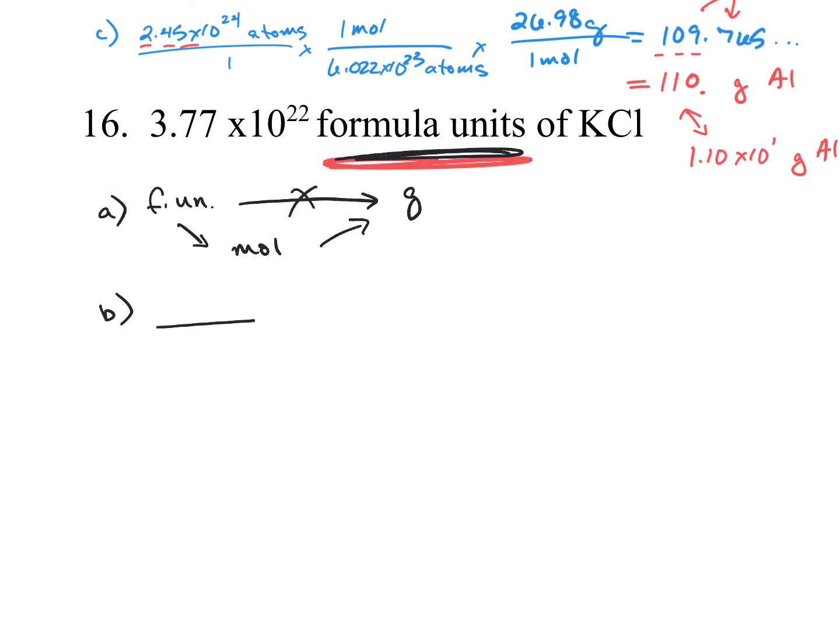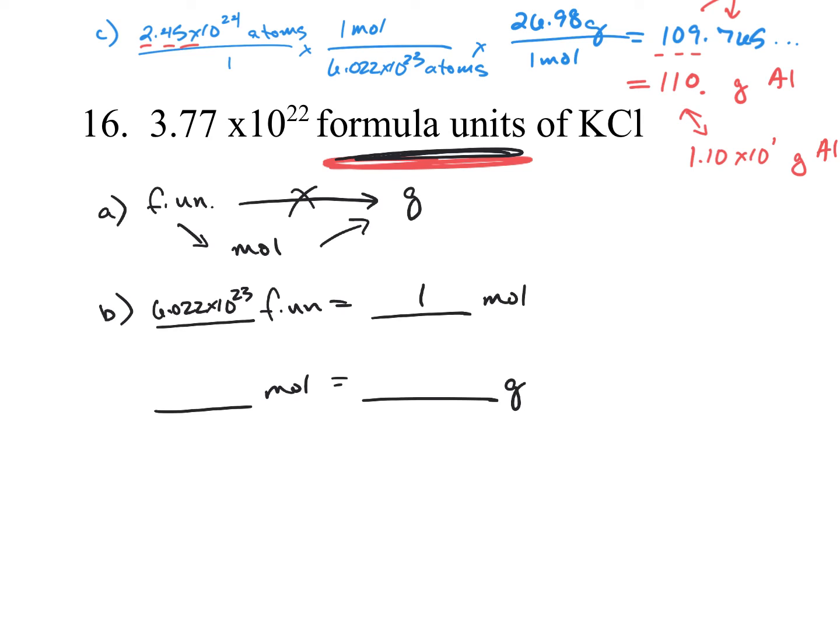So you need an equality. Formula units are equal to how many moles, and then because these are particles, this is Avogadro's number, 6.022 times 10 to the 23rd formula units are equal to 1 mole. And then separately, how many moles are equal to a certain number of grams? So if you have 1 mole of potassium chloride, you need to add the 2 molar masses together.